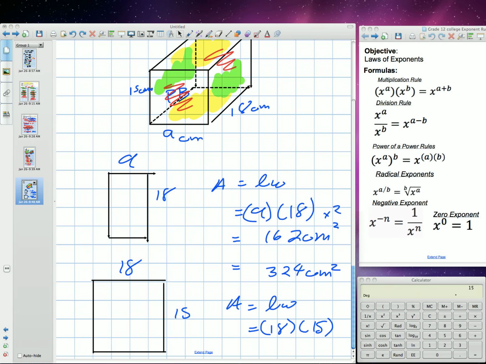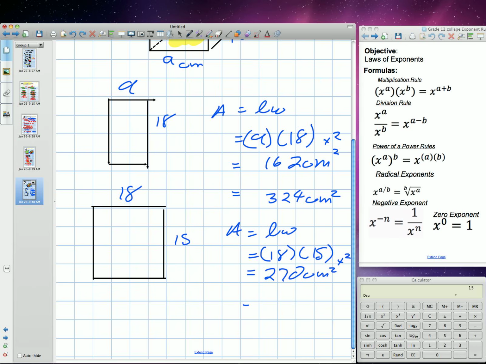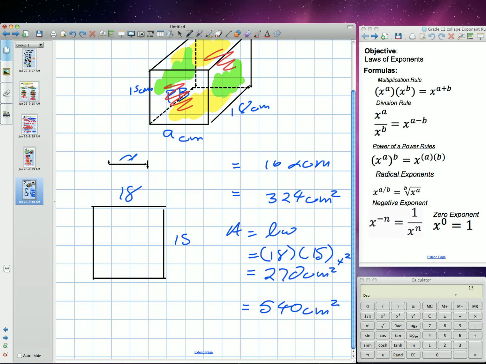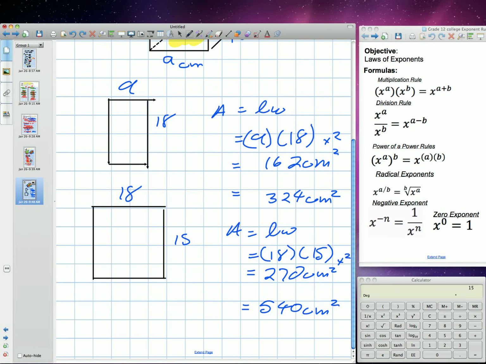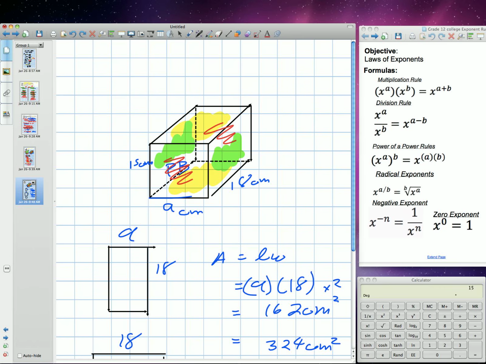Finally, the last face, the front and the back, the ones I colored in red almost. We'll draw a net of them also. Okay, let's talk about those two faces. There's the length and the height. What is the length of this? And the height? 15.